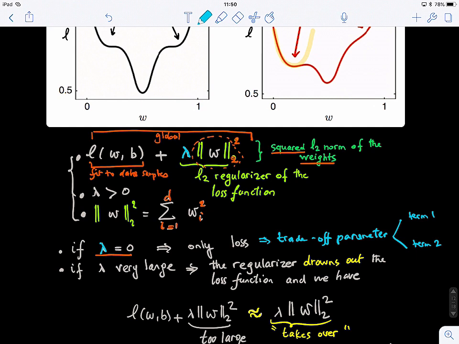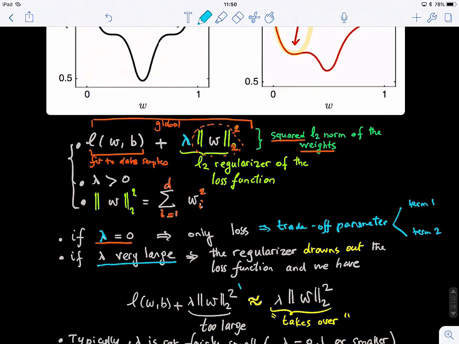So where we solve the nonlinear regression without any regularization. Now, if lambda is very, very large, it means basically this term is very large, maybe 10 to the power of, I don't know, like 10, and this guy is so small, like 0.01. So if we make the lambda so big, then our minimization will be brought down to just minimizing the L2 norm of the weights, okay? In this case, we say that the regularizer drowns out the loss function.